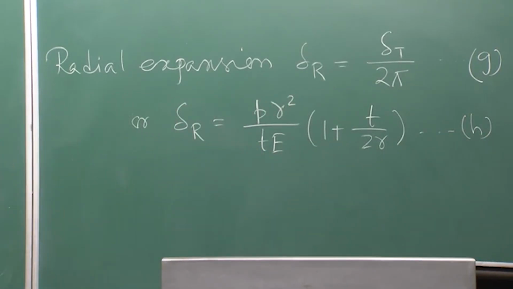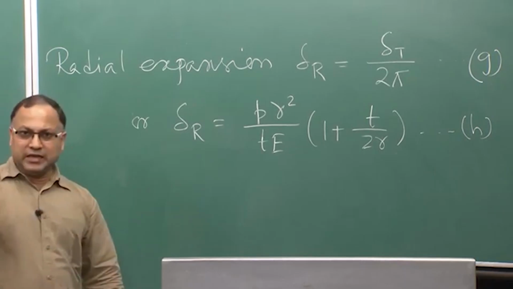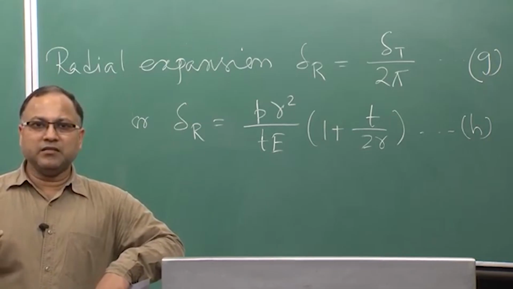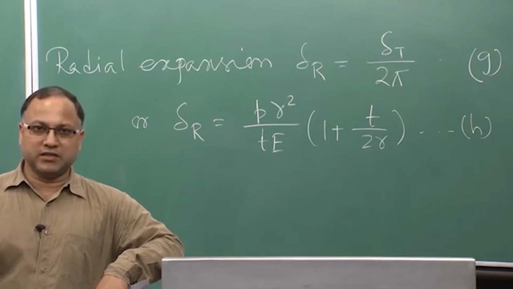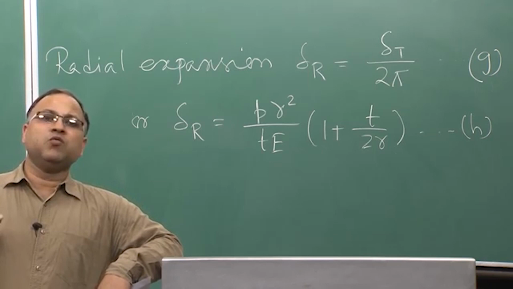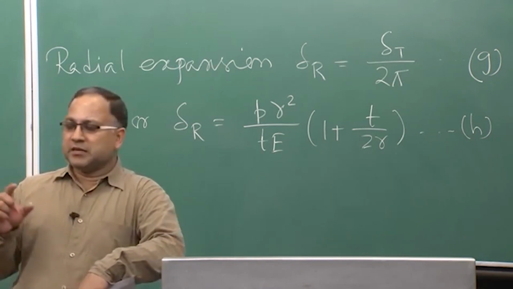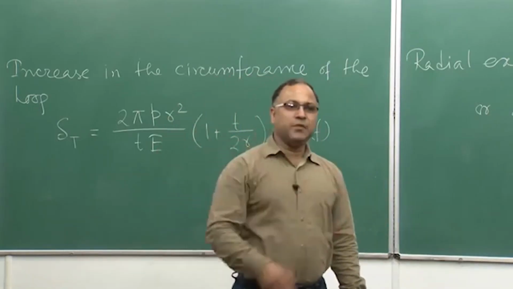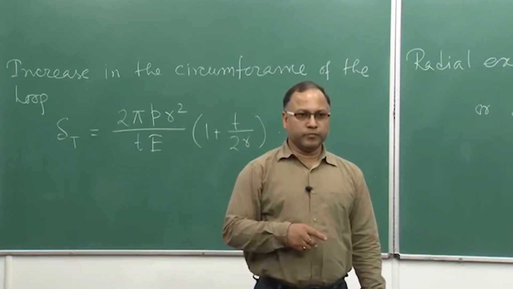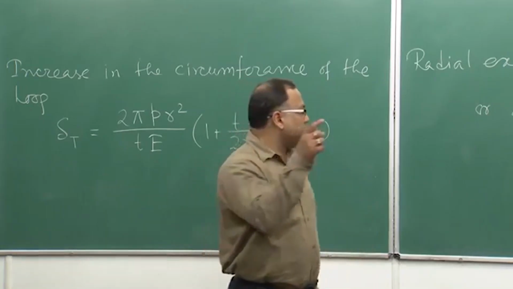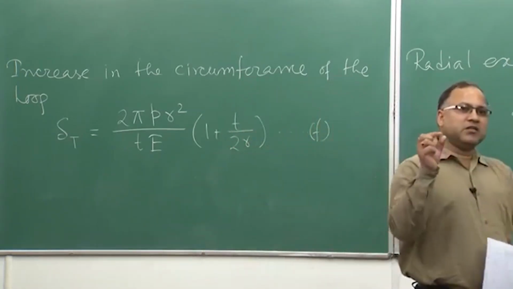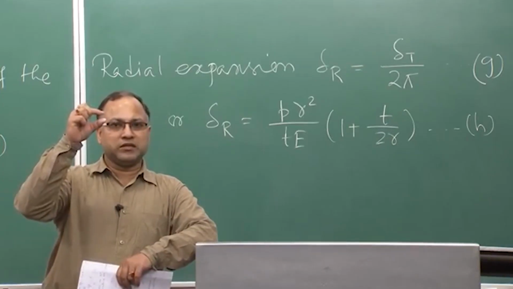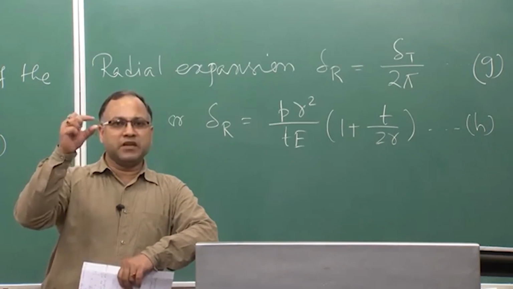Now, as I told you, we are talking about a very thin hoop, or thin walled pressure vessel. That means the thickness of the wall of the pipe or vessel is very negligible compared to the diameter of the hoop.